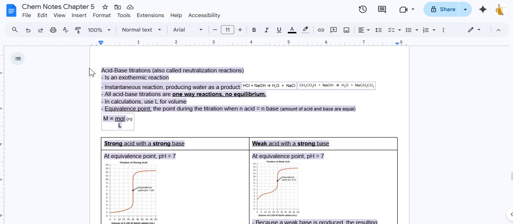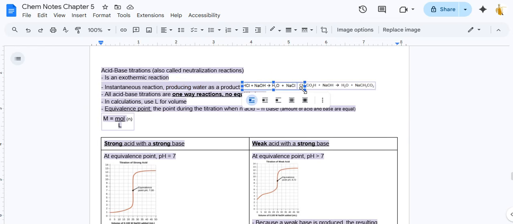Now the second to last thing for this chapter is acid-base titrations. They're also called neutralization reactions, because if you remember from Gen Chem 1, neutralization reactions produce water.